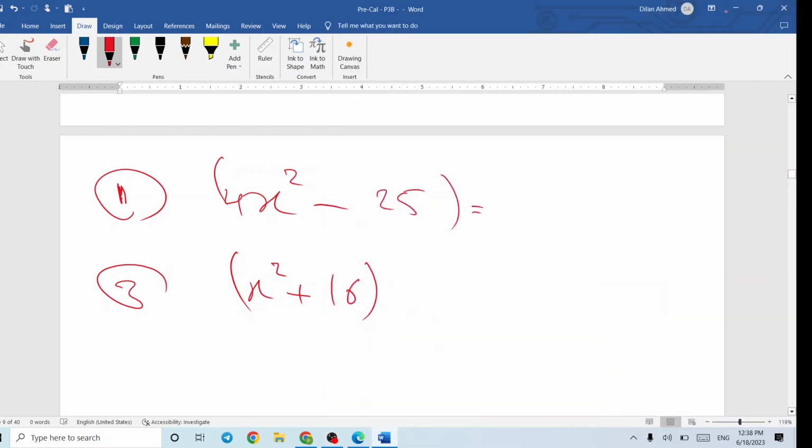Look again. That one is easy. There's a difference between two squares. So I have 2x minus 5 times 2x plus 5, right? And that one is a sum of two squares. So we don't have anything here.